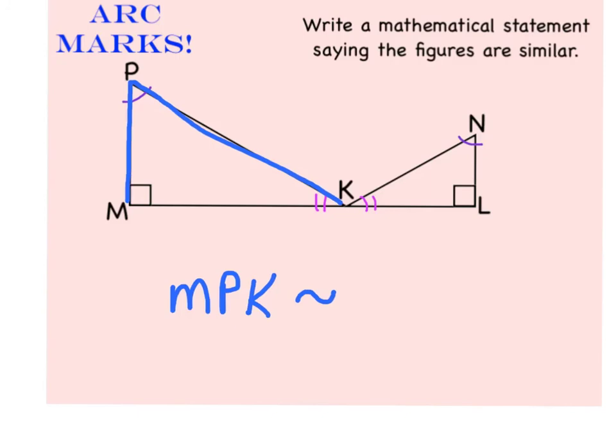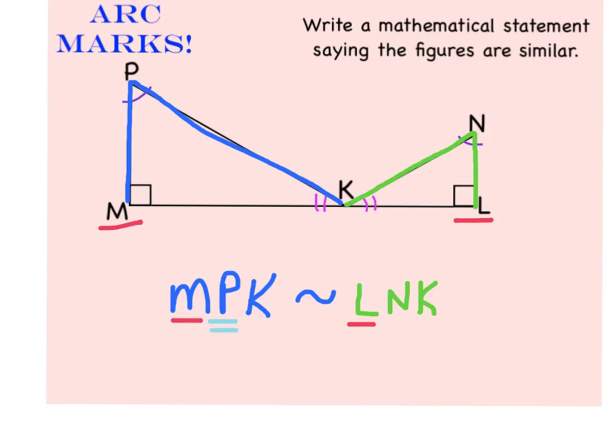So I'm going to start with L, go up to N, and then over to K. L, N, K. Now I know my similarity statement is correct because M corresponds with L, and M and L are both first. They don't necessarily have to be first, but they have to be in the same position because they're corresponding.